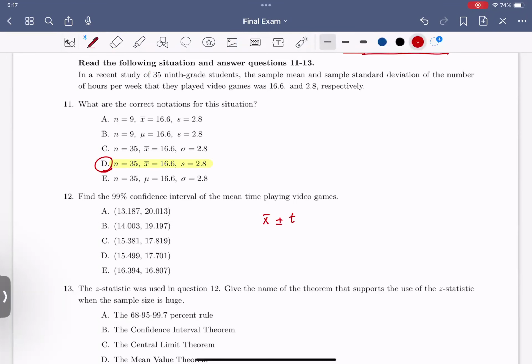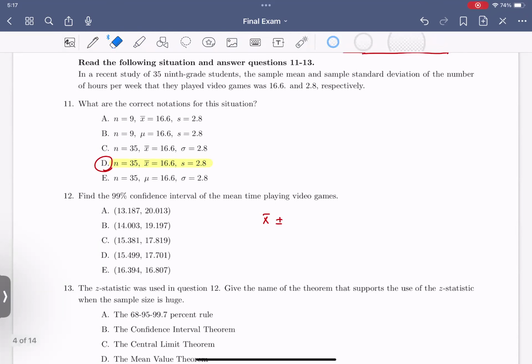Actually, you can use t as well in real life because you don't know sigma, and you actually need to know that the population is normal in order to use t. But for this one, let's say that because n equals 35 and is greater than 30, you can use the central limit theorem, and that means you are going to use c as well.